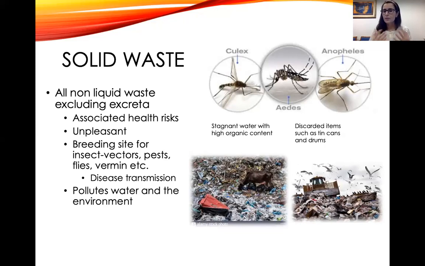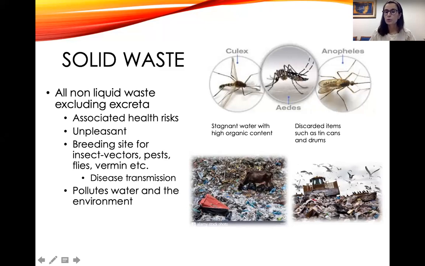And why is that important? Because it's a nuisance when you look at it, but other than that, it has a lot of contribution on different agents in the environment, and some of them can be pathogenic and health related, and others are just not good for the site and not good for the surrounding environment. Because I've been trying to get multiple aspects on a lot of things that we discuss, in the solid waste, I wanted to mention the fact that we've generally read about the Anopheles mosquitoes with reference to malaria in developing countries.